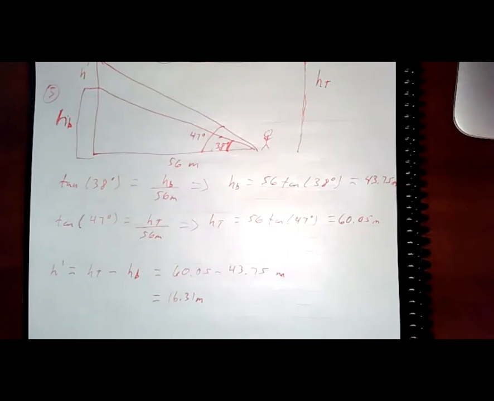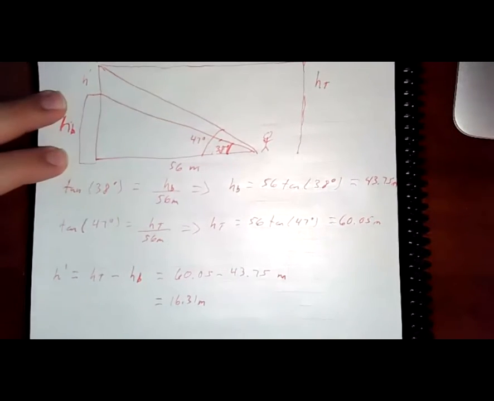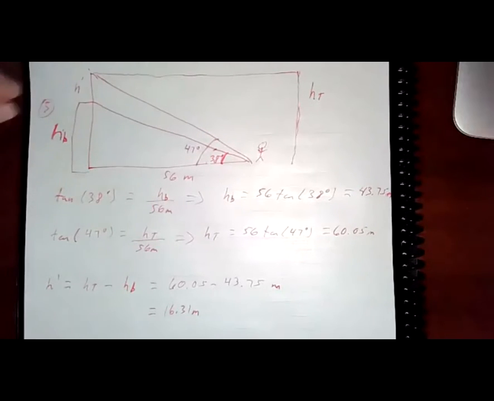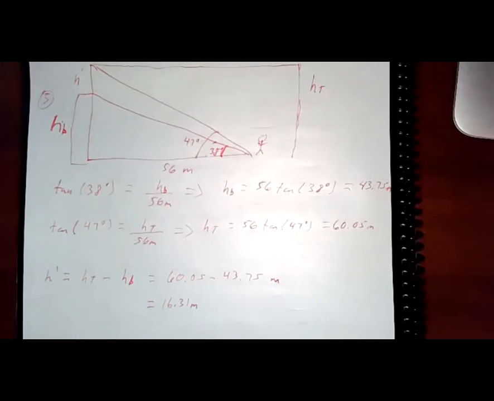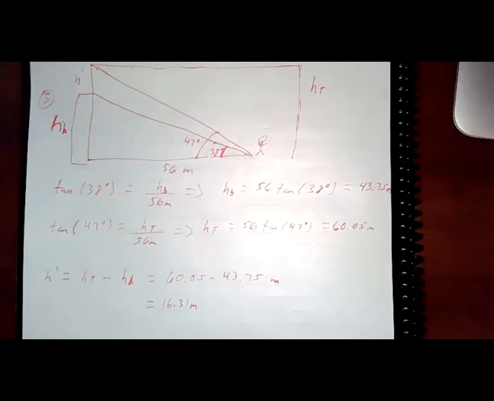But does the main idea make sense? Do you see how tangent can just help you find opposite sides, right? Then you can find different pieces. So the surveyors are out there with their little staff thing, measuring stuff, right? Measuring their angles.